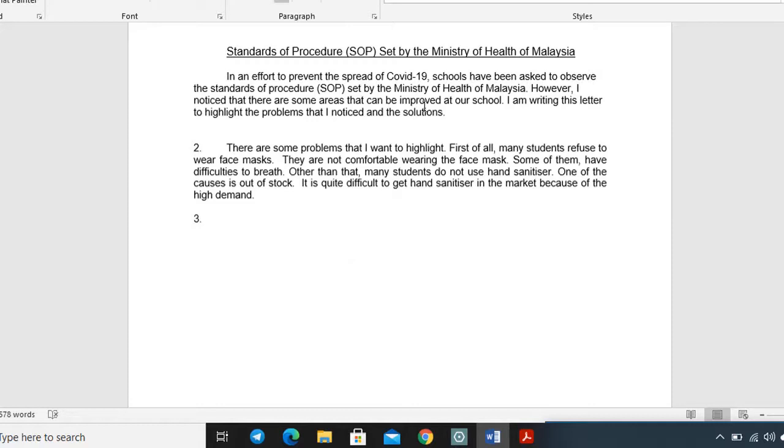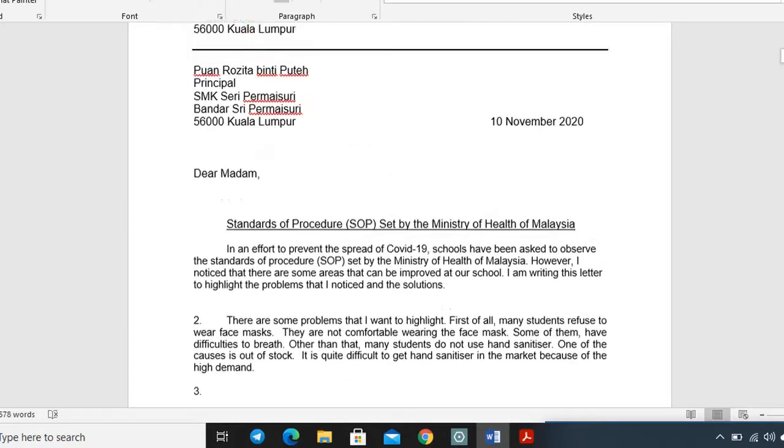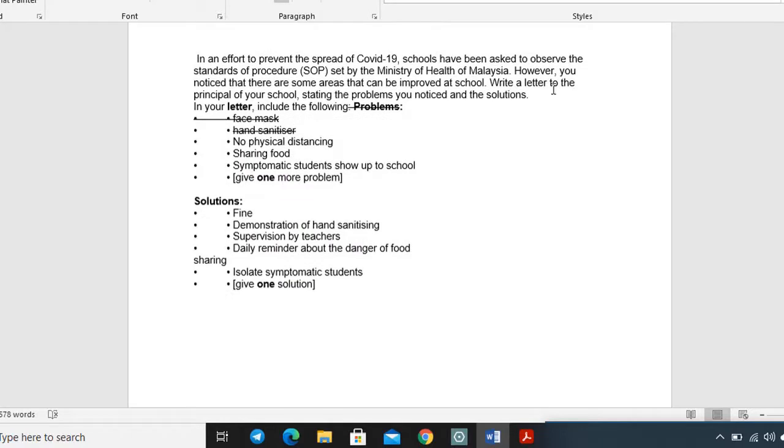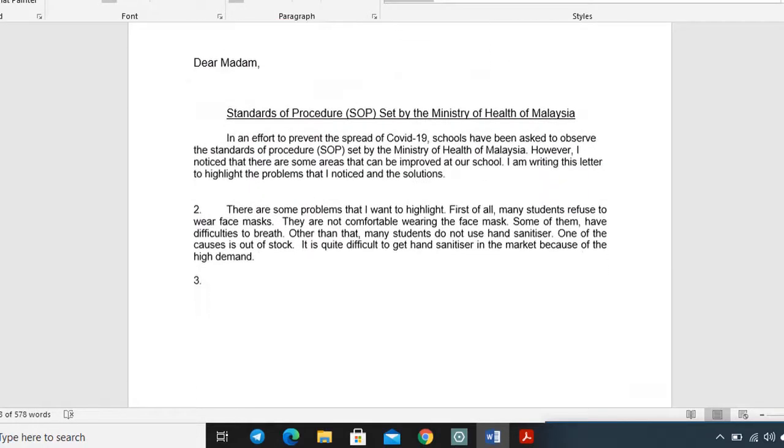Okay, so number 3. Next point. You are going to write sentences using the phrase no physical distancing. Tak jaga jarak. No physical distancing. Besides that, the students do not keep the physical distancing.